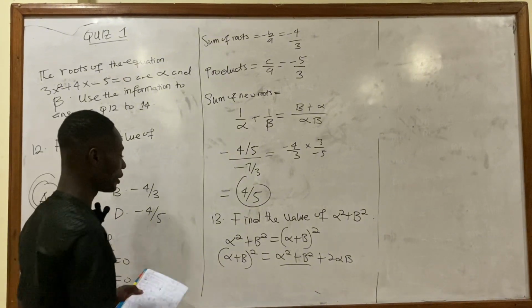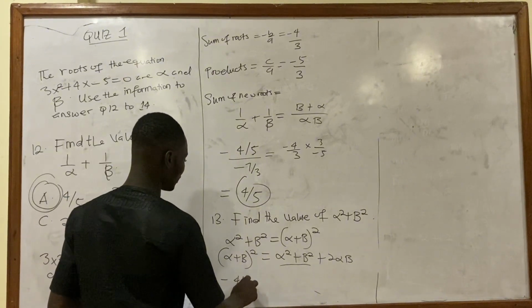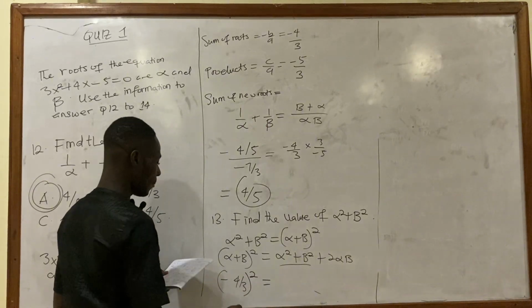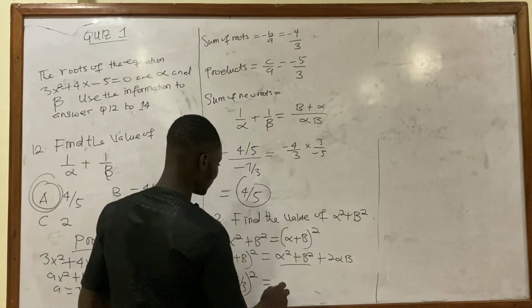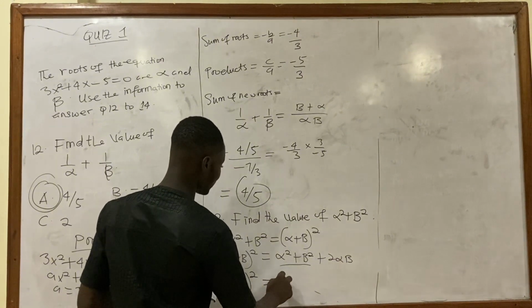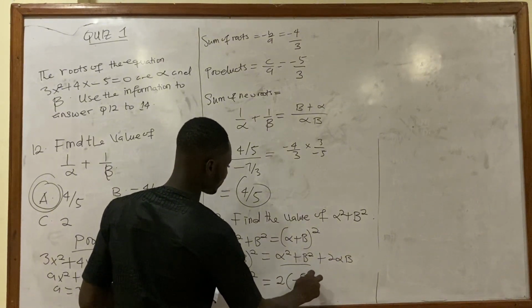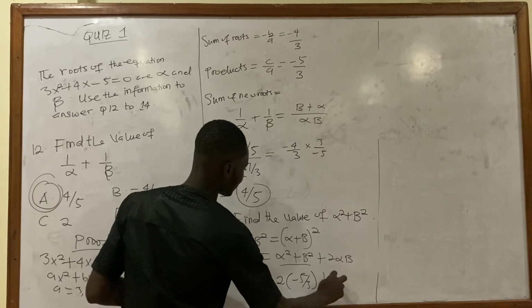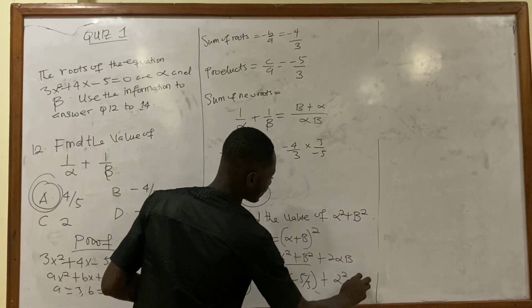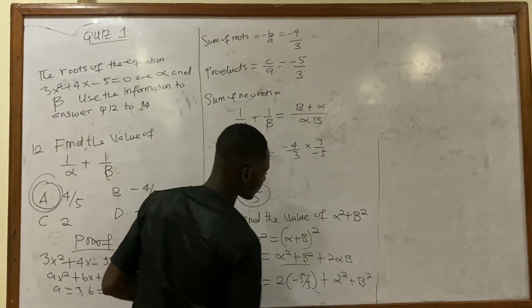We have minus 4 over 3 all squared is equal to alpha plus beta. Alpha beta will give us minus 5 over 3. So 2 times minus 5 over 3 plus alpha squared plus beta squared.